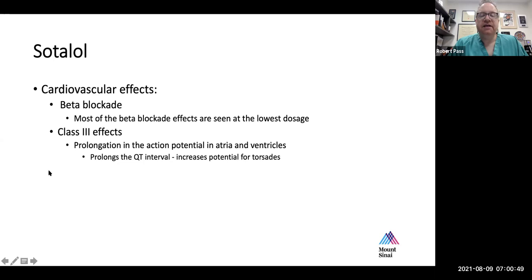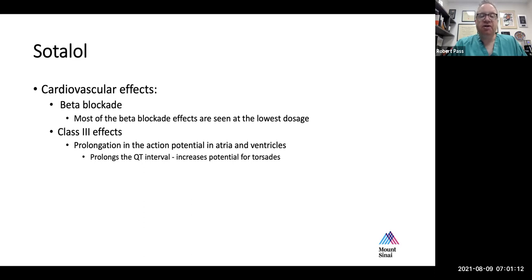When we think about sotalol, most of the beta blockade effect you'll see at the lower dosage, meaning that even at the starting dose, you get about 80% or more of the beta blocker effect. But the class 3 effects, or the potassium channel blocking effects, are typically seen at the higher doses.